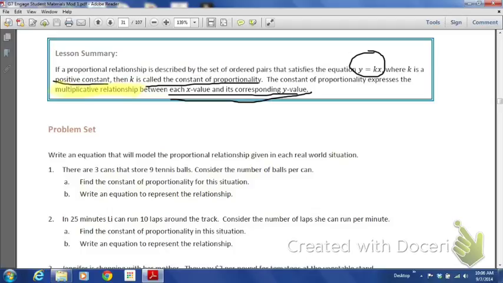So if you have your x value, you can multiply it by your k, or actually divide it by your k, anyway, and get your corresponding y value. When we say multiplicative, we also mean division as well, because ratios are formed by both multiplication and division. Remember, not addition, not subtraction.